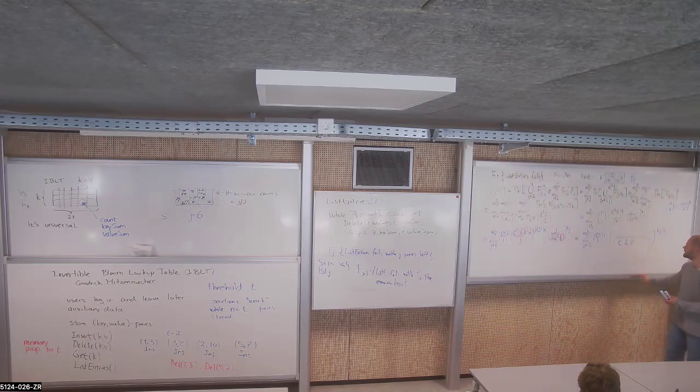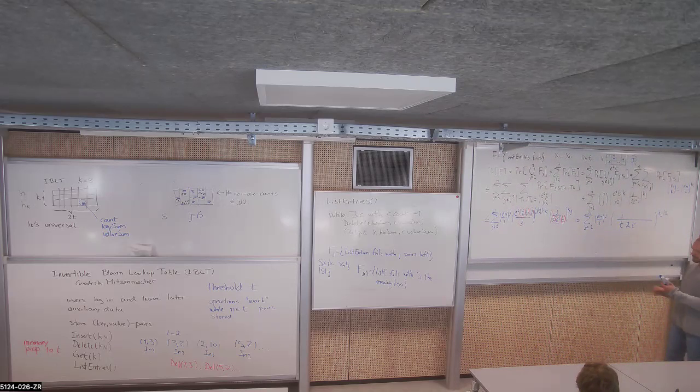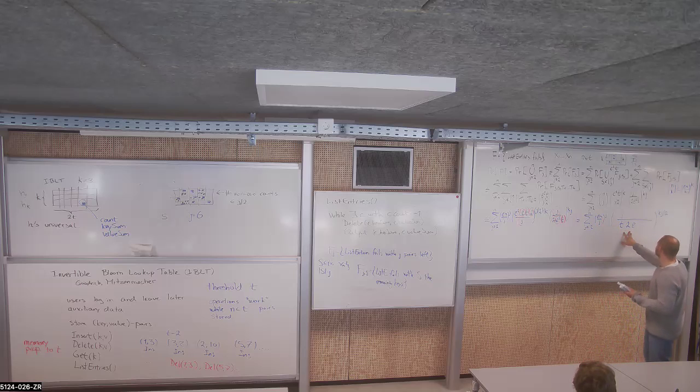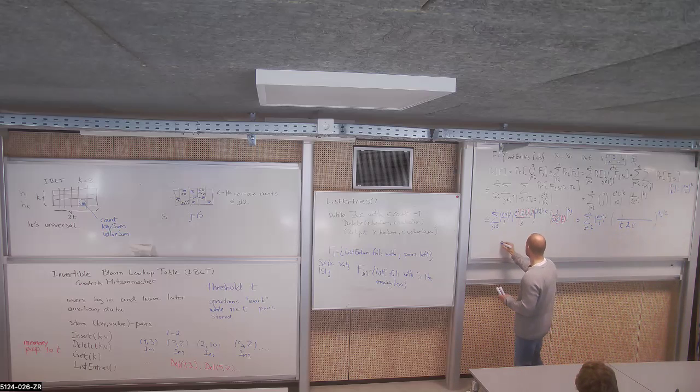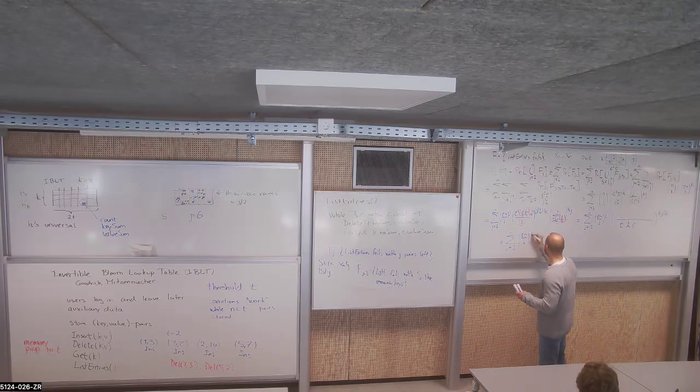So now we have this expression here, and you can stare at it a little bit and try to figure out what's happening. This is kind of growing in j. This is maybe decreasing up to some point. So let me show you the right way to bound it. The right way to bound it is to pull one of these terms out. So then I have (2 e n over j) to the j.